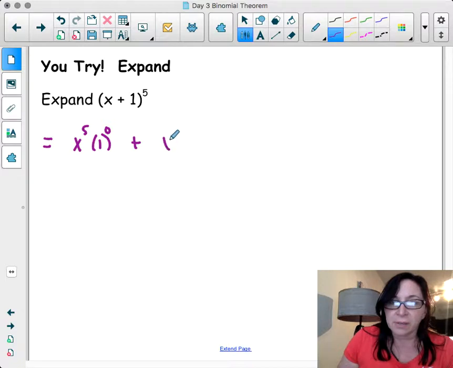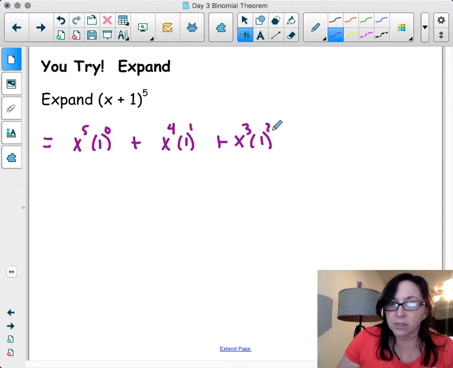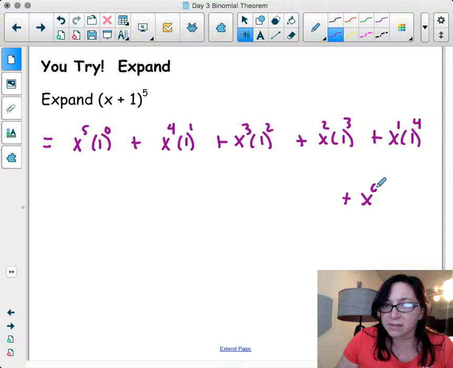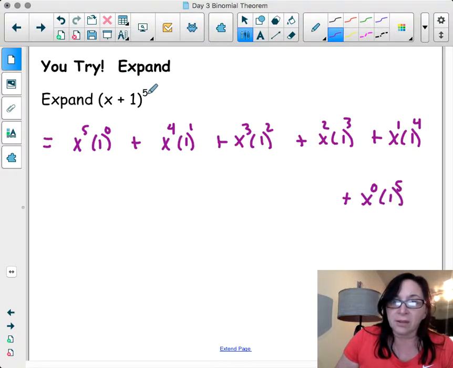So the next term is going to be x to the 4th, and then we have 1 to the 1st, plus x to the 3rd times 1 to the 2nd, plus x to the 2nd times 1 to the 3rd, plus x to the 1st times 1 to the 4th, plus x to the 0 power times 1 to the 5th.